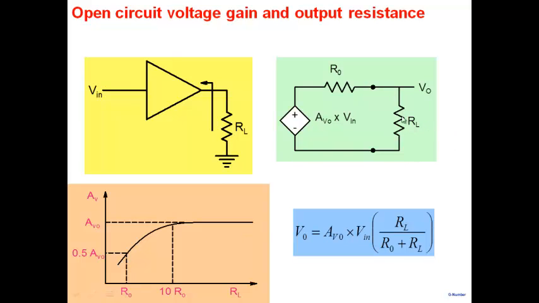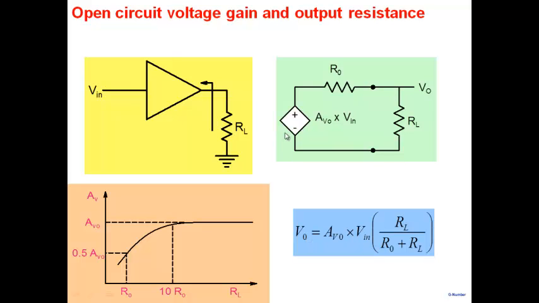At what point does my output resistance begin to matter? This is of course output resistance has become a serious issue here. But note that the voltage gain begins to start falling maybe when my load resistance is about 10 R0. Right? The voltage gain, if I make RL equal to 10 R0 here, the voltage gain has already become something like 0.9. It has fallen by 10%. So when does my output resistance begin to matter?